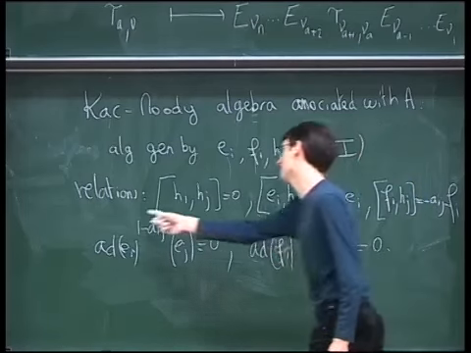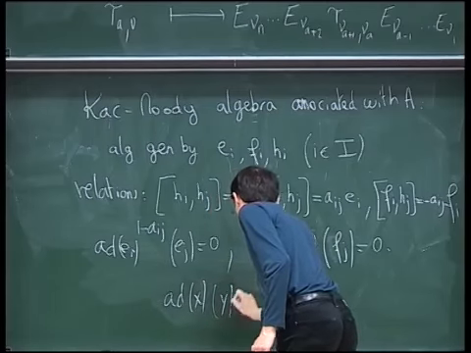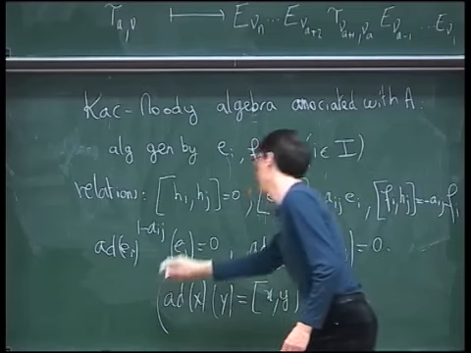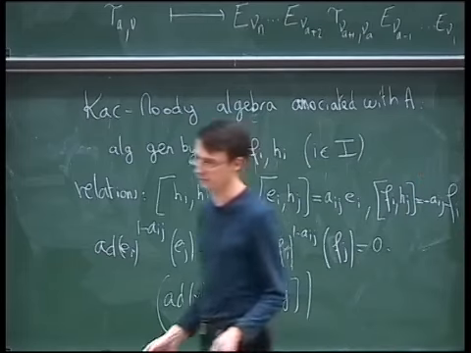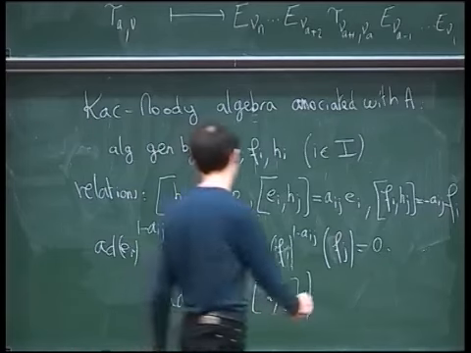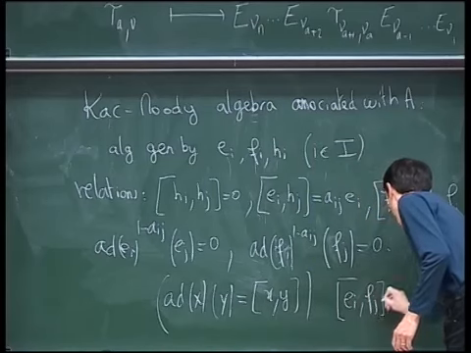Here ad is an operator: ad x applied to y is the commutator xy. It's a compact way to write the Serre relations. Thanks. Checking the notes, the last relation is that Ei and Fj tend to commute.